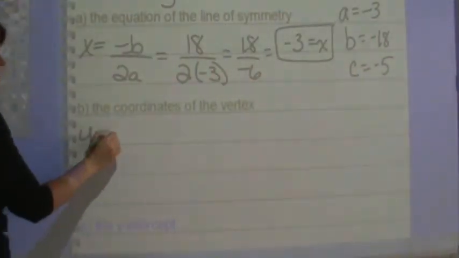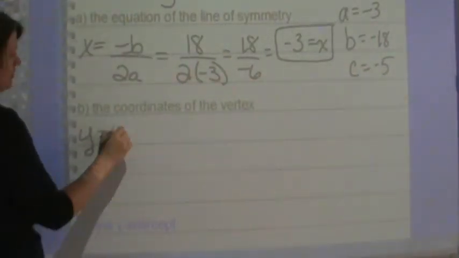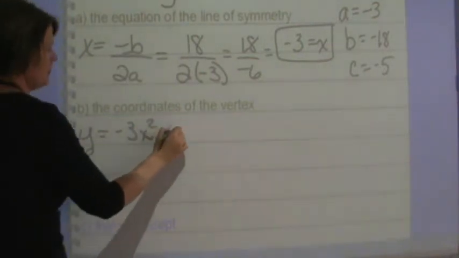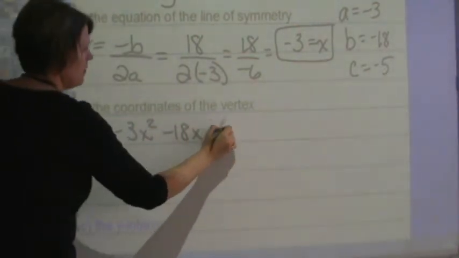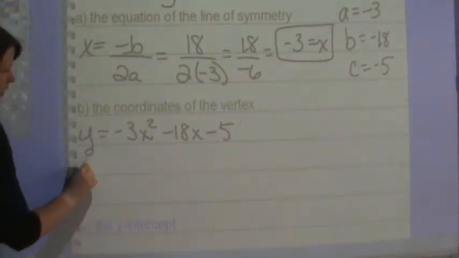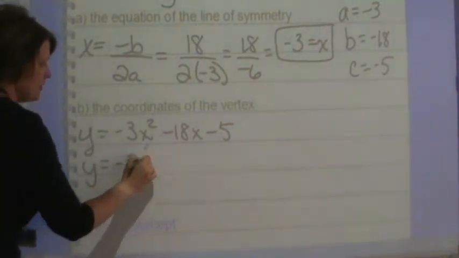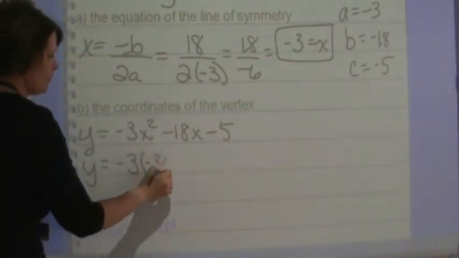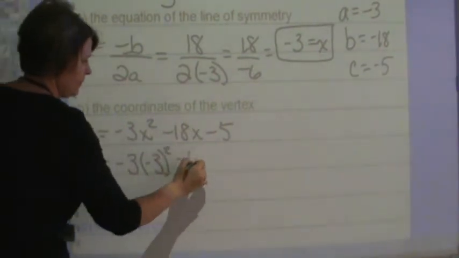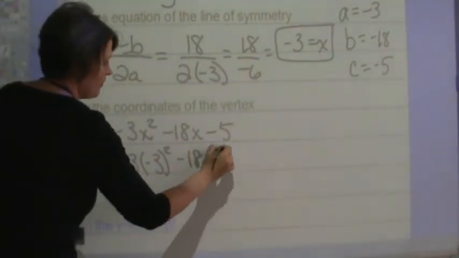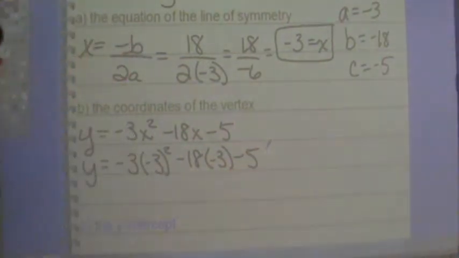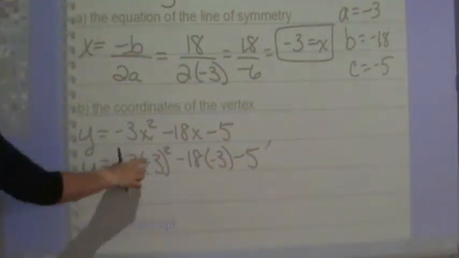Then I take my equation, negative 3x squared minus 18x minus 5, and wherever there's an x, I replace it with negative 3. If you want, you can just throw that right in the calculator, if you're careful with your parentheses.